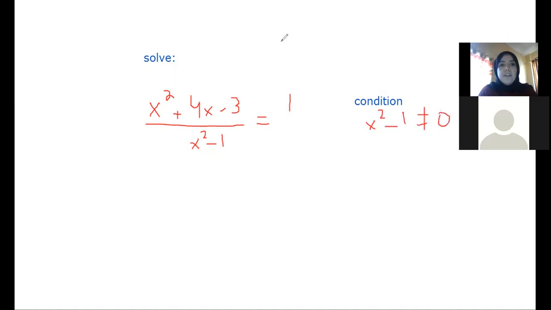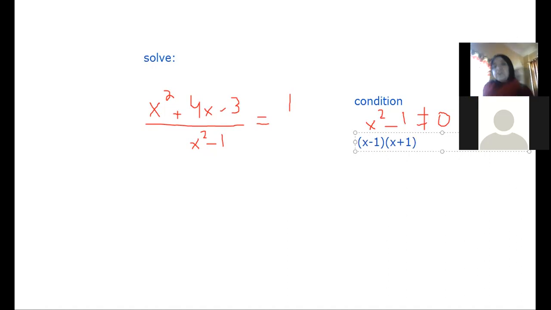How do you solve this? Basically like any normal equation. So we take one to the other side first, or we can factorize. Do you know why? Because when you take the one to the other side and you put a radical, you're going to forget the minus.